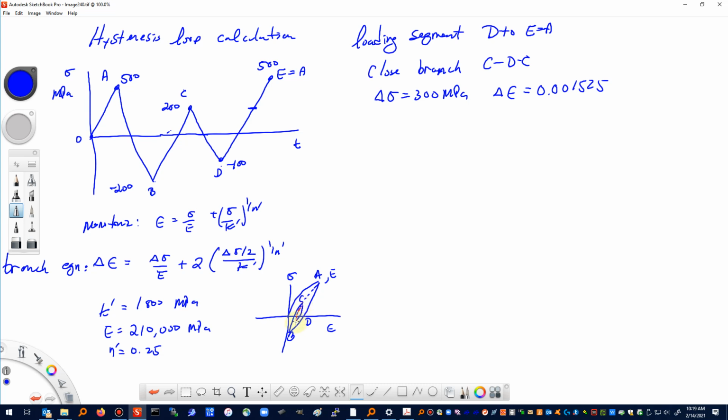Okay, so now we're down at D. We get up to this point right here. That point is going to be, let's call it maybe C star.